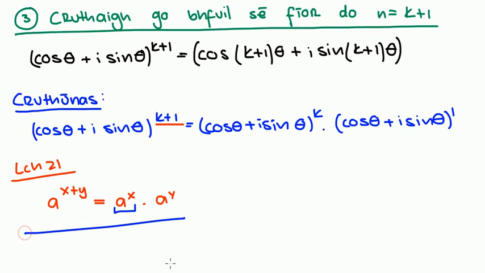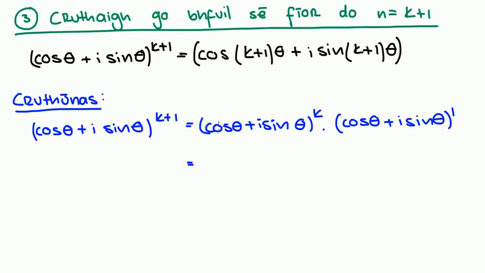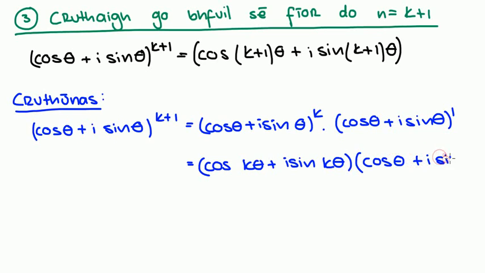So this is the law, or the rule, that I'm using. We've assumed from part 2 that (cosine theta plus i sine theta) to the power of k is equal to cosine k theta plus i sine k theta. And then if it's to the power of 1, we just have cosine theta plus i sine theta.